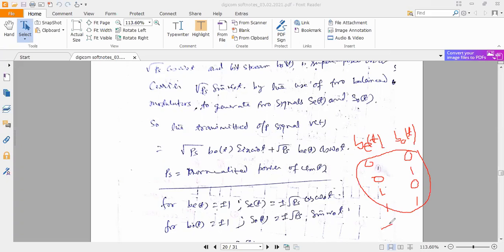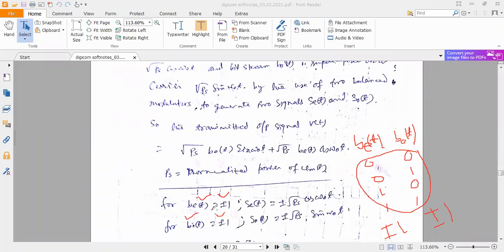So BET may be plus minus 1, and BOT may also be plus minus 1. We consider logic 0 as minus 1 volt, and logic 1 as plus 1 volt. In that way I have written BET as plus minus 1, and BOT as plus minus 1.